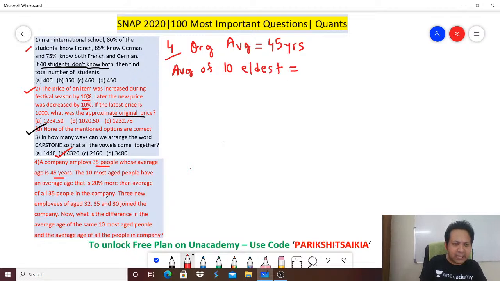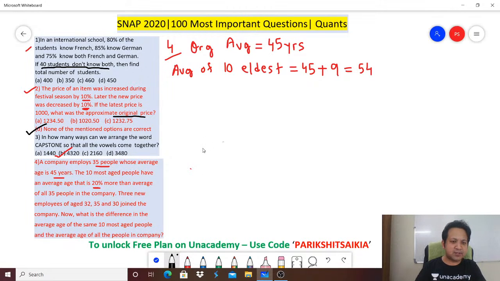It is 20% more than 45. So how will you calculate? 45 plus 20% of 45. Remember, 10% of 45 is 4.5. Put a decimal before the unit digit. So 20% is just going to be double of it. So 4.5 plus 4.5 is 9. So average of 10 eldest is 54. Yes? Any doubt in this?